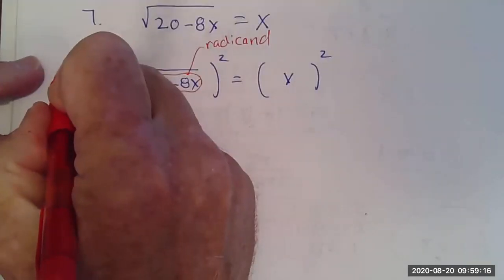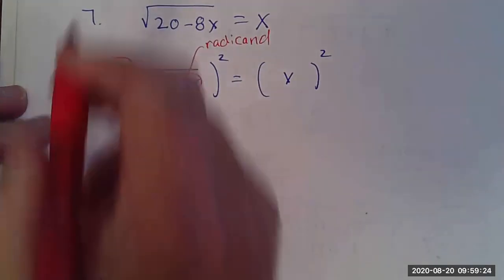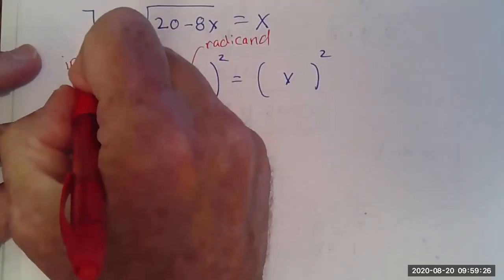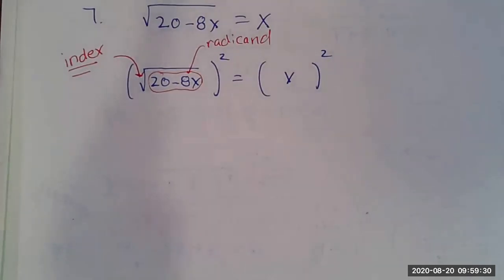Starts with letter I. Is it the index? Excellent. Very good. It's not used a lot, but if you ask any instructor, I'll bet you they've said, oh yeah, I've used that. The index is 2.